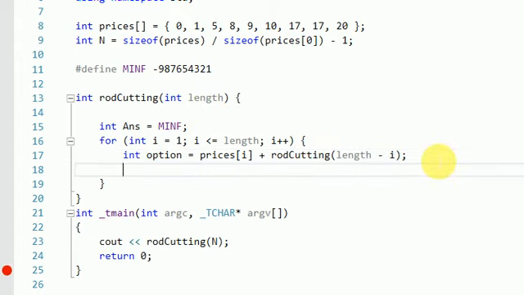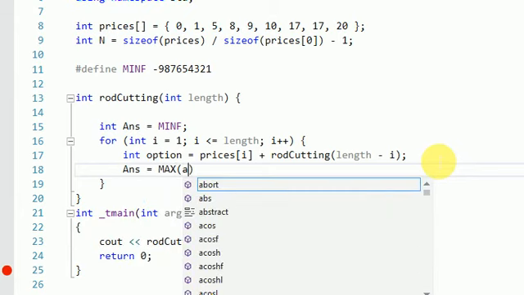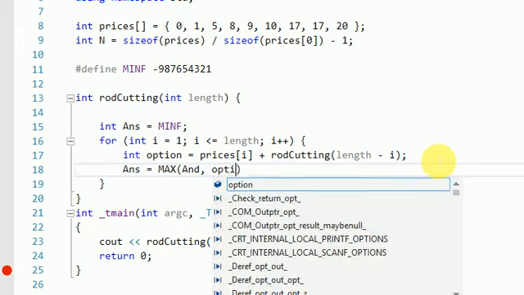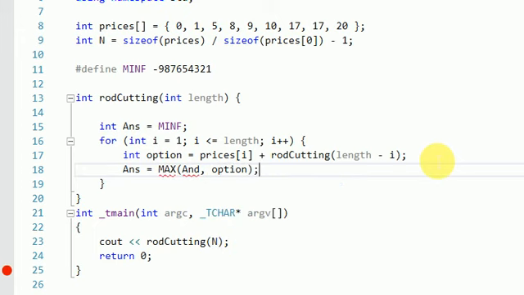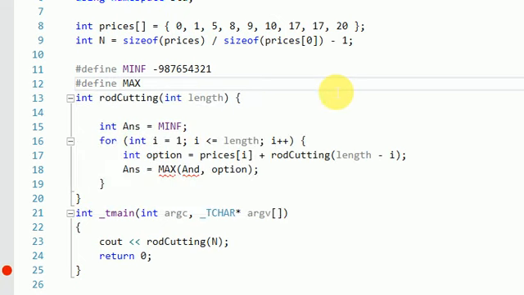Now answer is equal to max of answer comma option. So for each state you are going to get one value, right? Now let's define one ternary operator, a greater than b, a colon b.